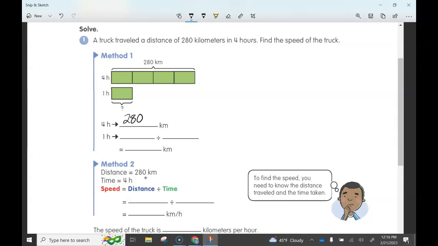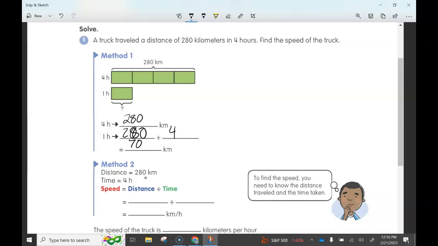In order to find how much in 1 hour, we take that 280 and we divide it by 4. I want you to write that down, 280 divided by 4. And we can see that that gives us 70 kilometers. So 70 kilometers per hour. That would be the speed of the truck.